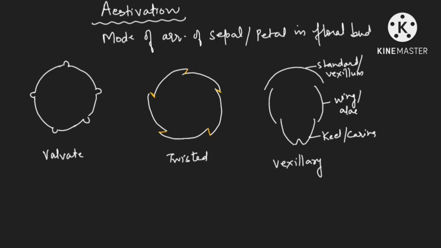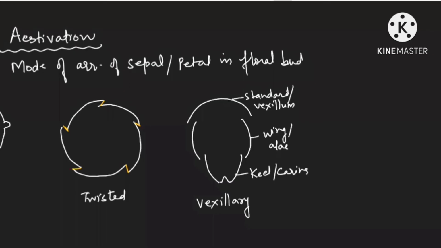Now another type. Now see carefully. This one petal is totally on the posterior side. One petal on the posterior side is totally overlapped and the anterior side is overlapping. If you check the diagram carefully, let me use another color just for your understanding. You know very well, this is your anterior side and this is posterior side.